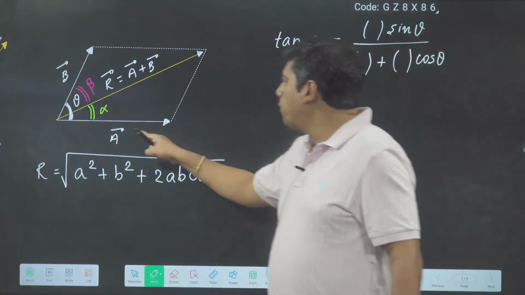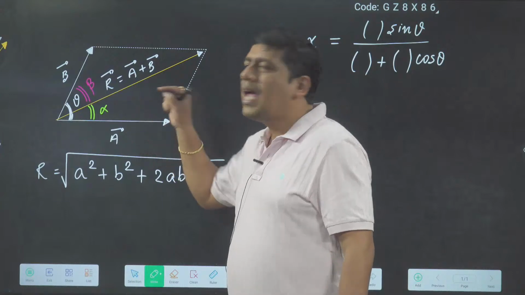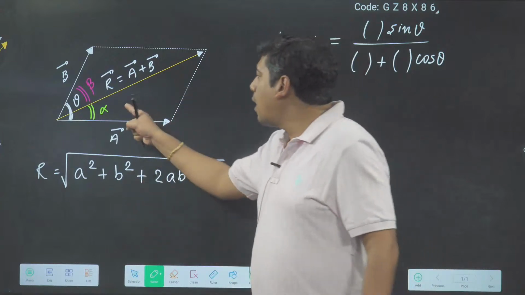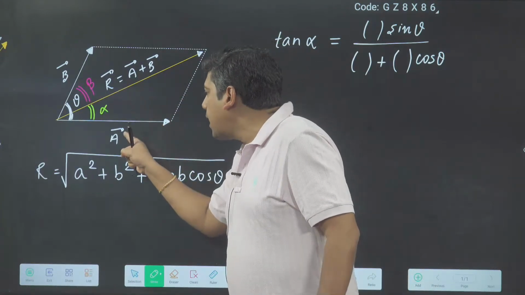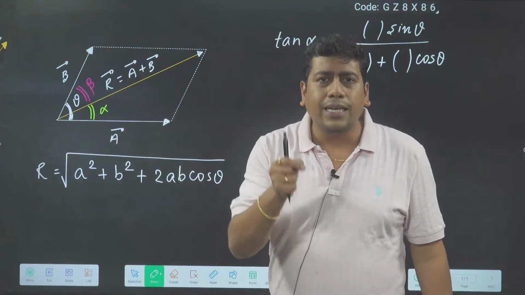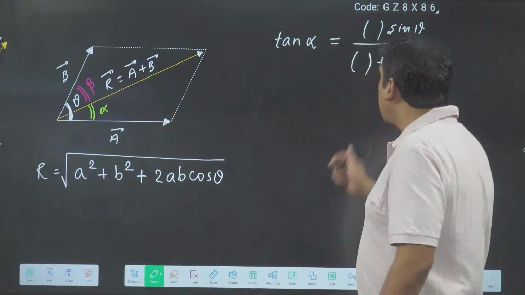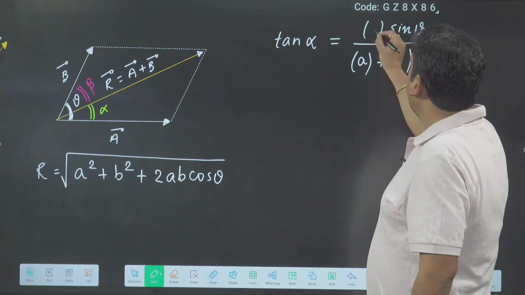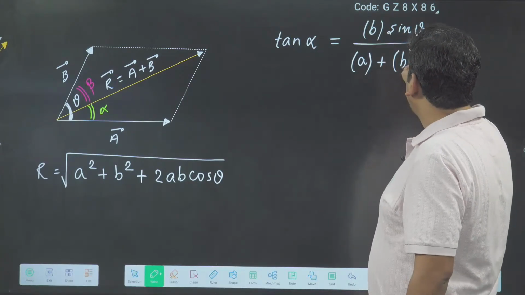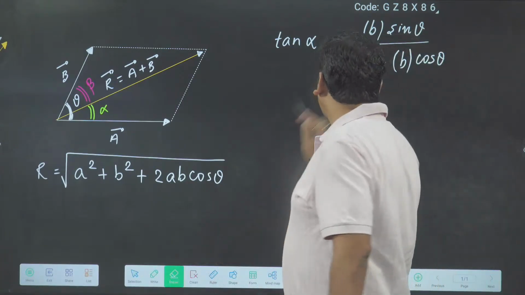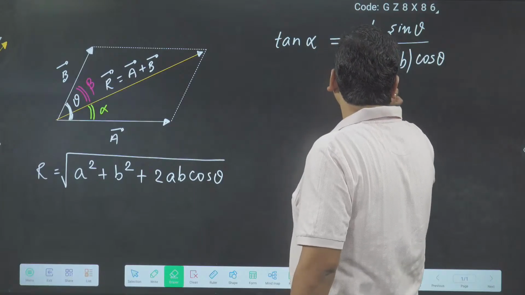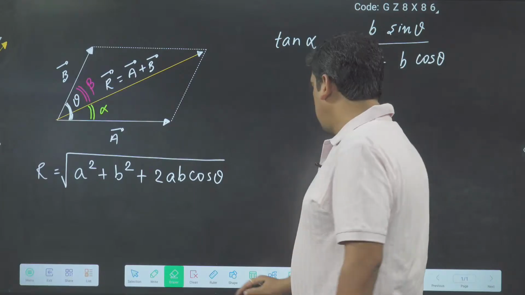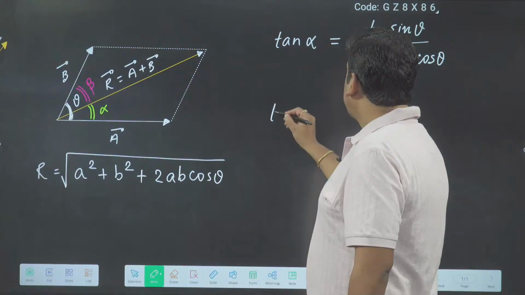That magnitude will be alone with whom we are measuring the angle. Like alpha is the angle between R vector and A vector. So we are measuring angle with A vector. So here A will be alone. Here B and B, same thing will be multiplied. So it becomes B sine theta divided by A plus B cos theta.